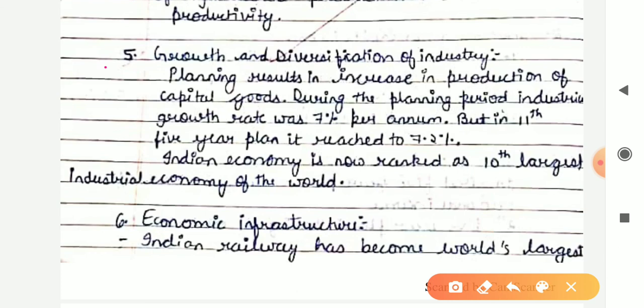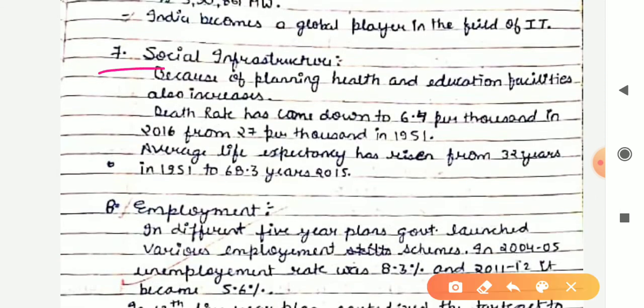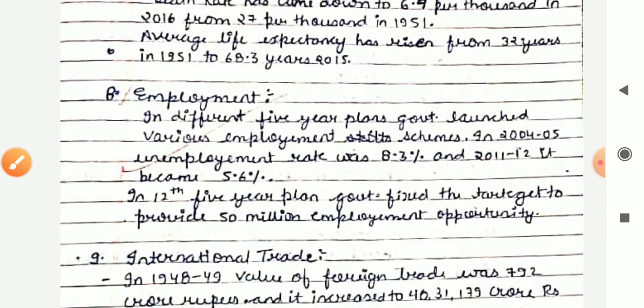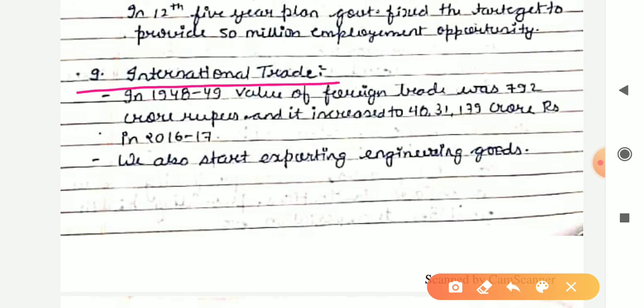Then fifth point is growth and diversification of industry. Sixth point is economic infrastructure. Seventh point, it also developed social infrastructure. Eighth point, it provided employment in our country. And ninth point is it increased international trade. Thanks.